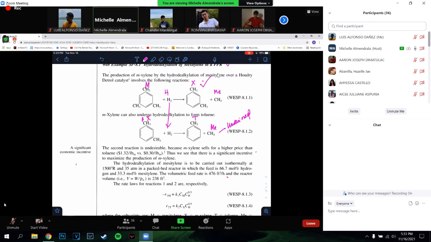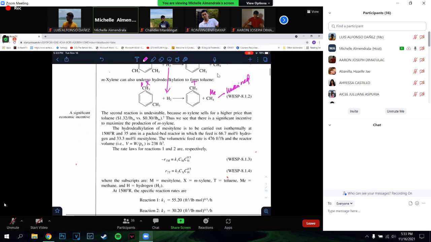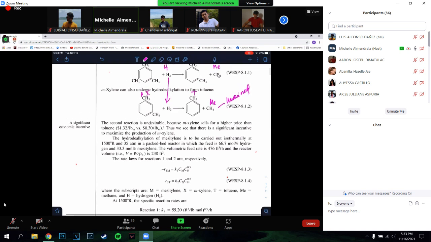The hydrodealkylation of mesitylene is to be carried out isothermally at 1.5 Rankine and 35 atmospheres in a packed bed reactor.